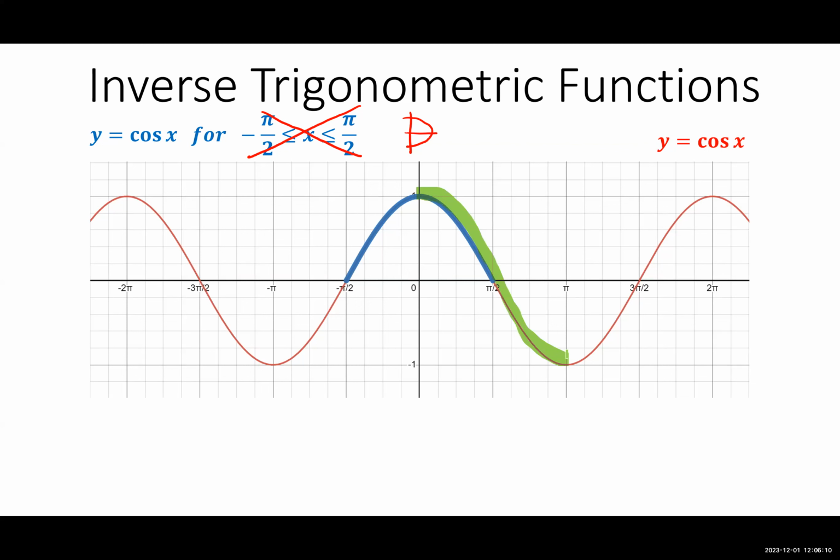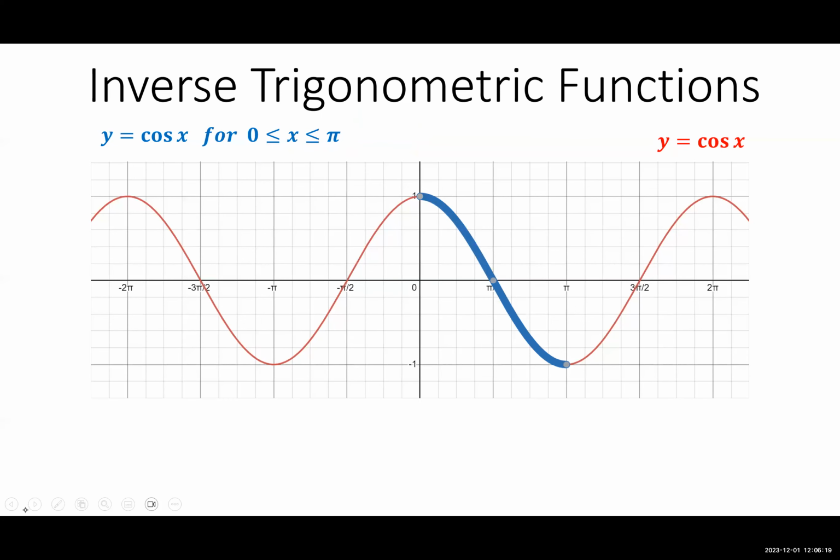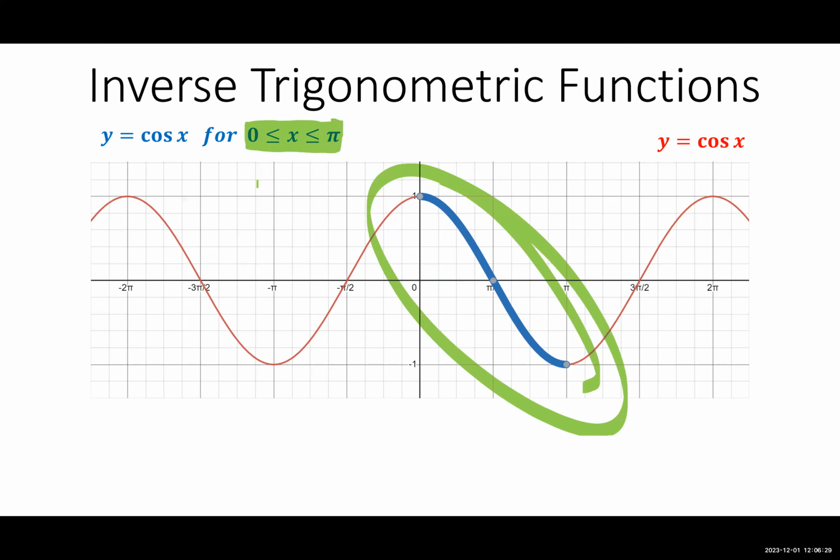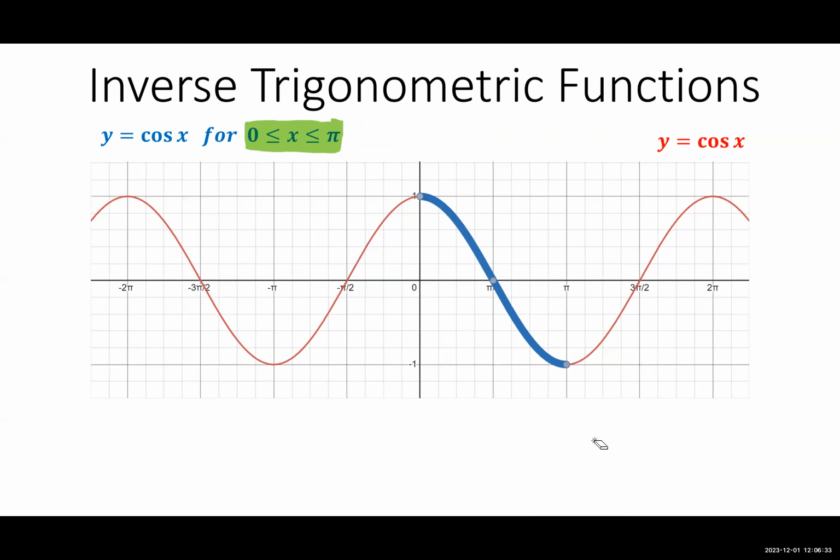That looks like a piece of the graph that will pass the horizontal line test. That will be 1-to-1. So if we restrict the domain, we use the interval 0 to pi, then that portion of the cosine graph is 1-to-1. So let's erase the rest, get rid of the red, and just leave the blue part.